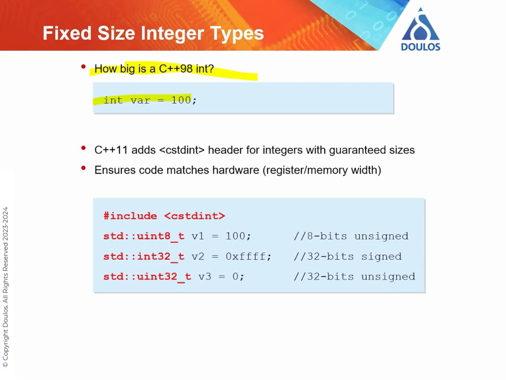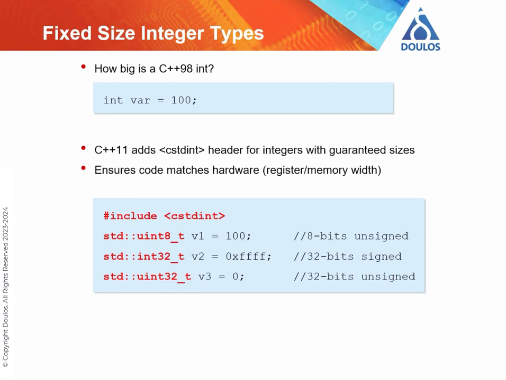C99 addressed that with a standard set of integer types, and that was added into the C++11 standard as the header file cstdint. So now it's possible to create integers with a finite number of bits, which will then be guaranteed. So, for example, 8 bits unsigned, 32 bits unsigned, and so on. Okay, so that problem has been solved in C++ since the 2011 standard came out.